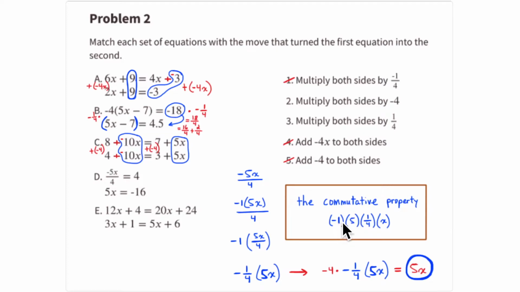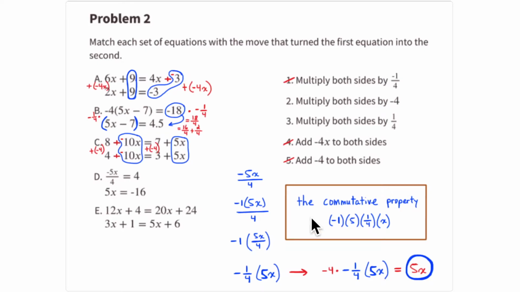So negative 1 times 5 times x, all of that divided by 4, that's this one. Negative 1 times 5x divided by 4, that's this one. A negative 1/4, so negative 1 times 1/4 is a negative 1/4 times 5x, that's this one. And there are several other ways that you can write this.